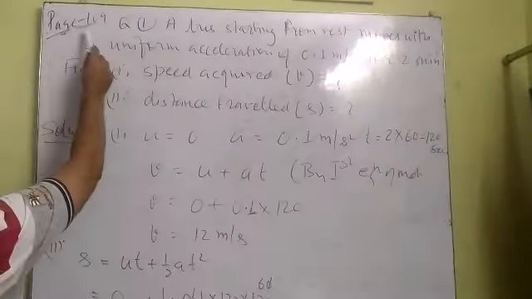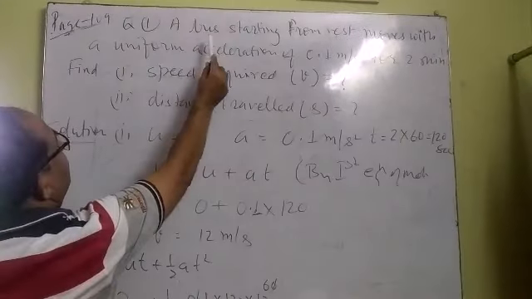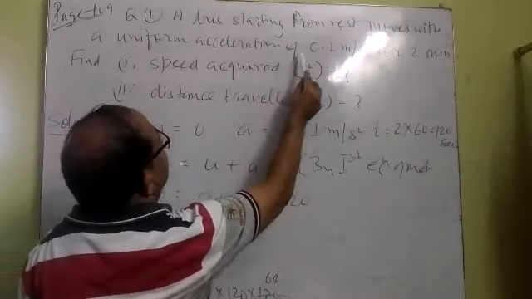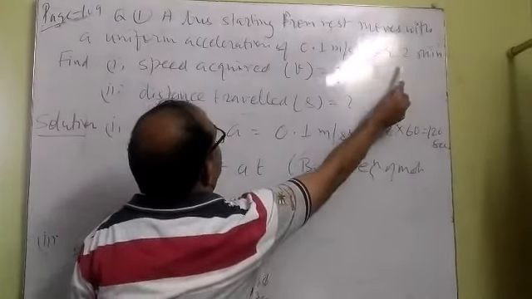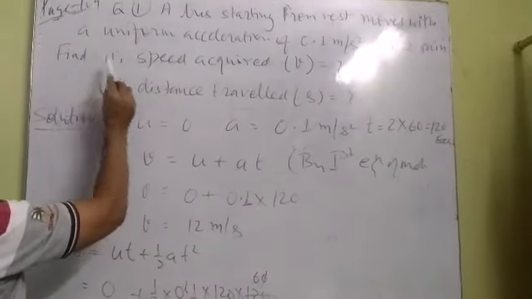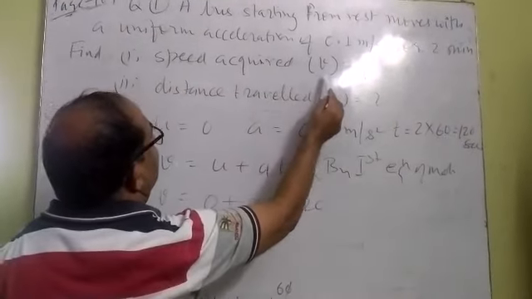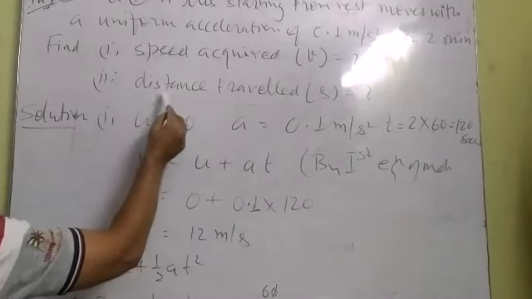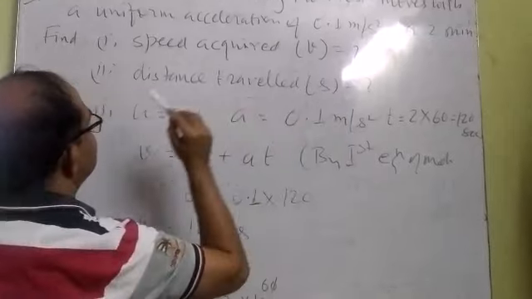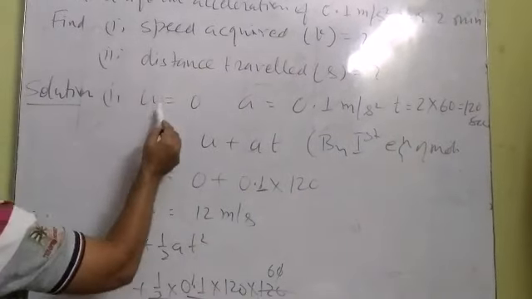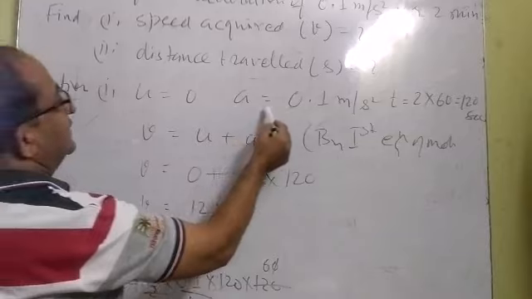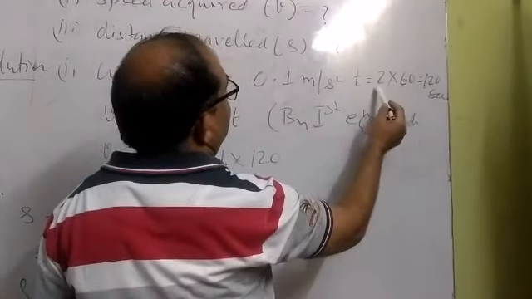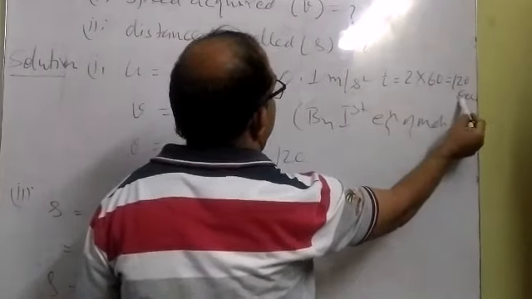Next, exercise at page 109, question number 1. A bird starting from rest moves with a uniform acceleration of 0.1 meter per second square for 2 minutes. We need to find the speed acquired after 2 minutes, that is V, and the second is the distance traveled, that is S. For the first part, since U is 0, acceleration is 0.1 meter per second square, and time is 2 minutes, which converts to 2 into 60, that is 120 seconds.